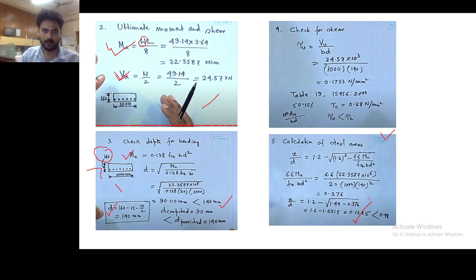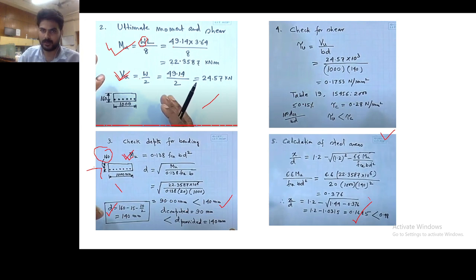Then the required depth we will calculate by using this formula. Then we will check that the computed depth should always be less than whatever we assume. Always try to assume a slab depth of around 150 mm.